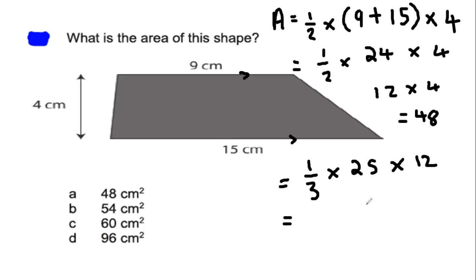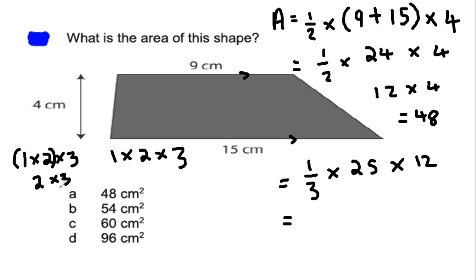Let me show you something. 1 times 2 times 3. And I have 1 times 2 times 3. If I multiply the first two numbers, what do I get? 2. And 2 times 3 is 6. What if I multiply the last two?